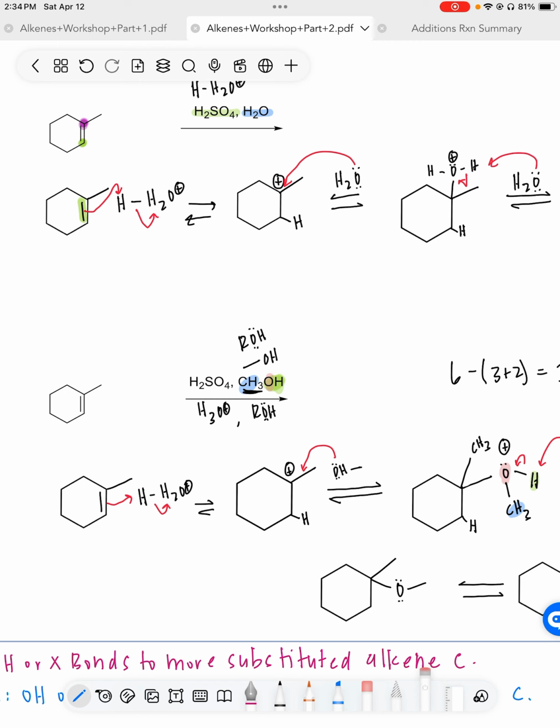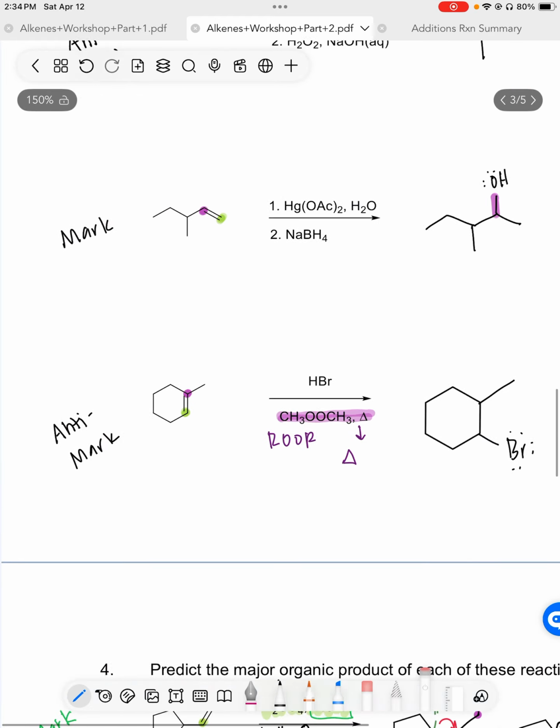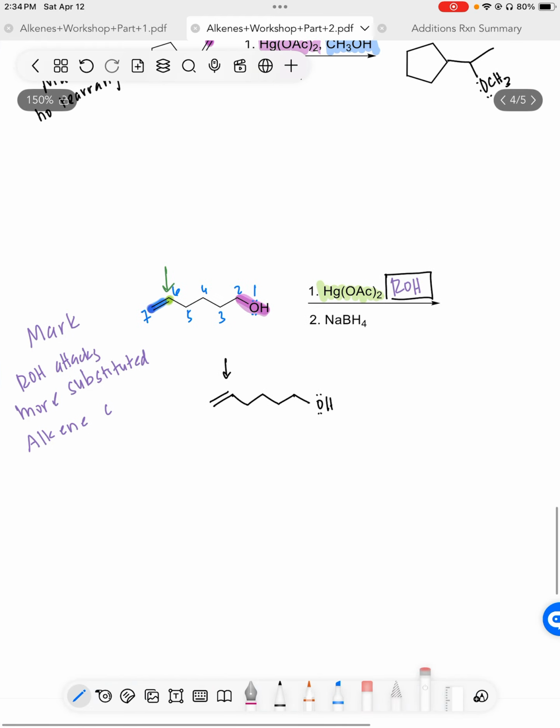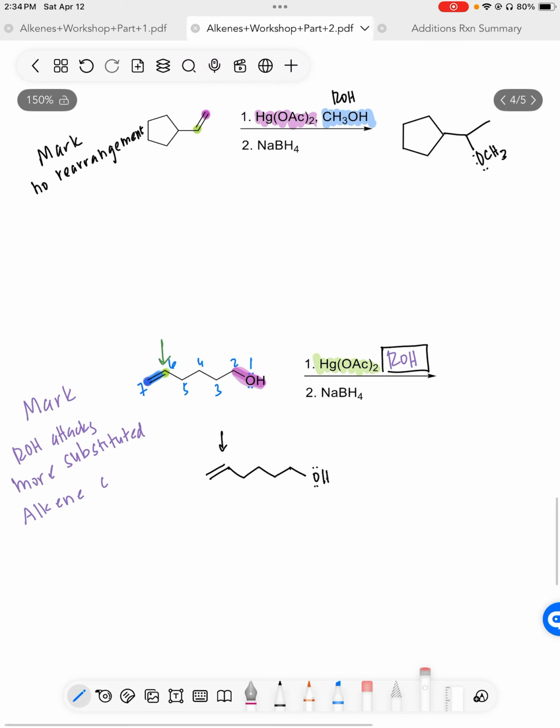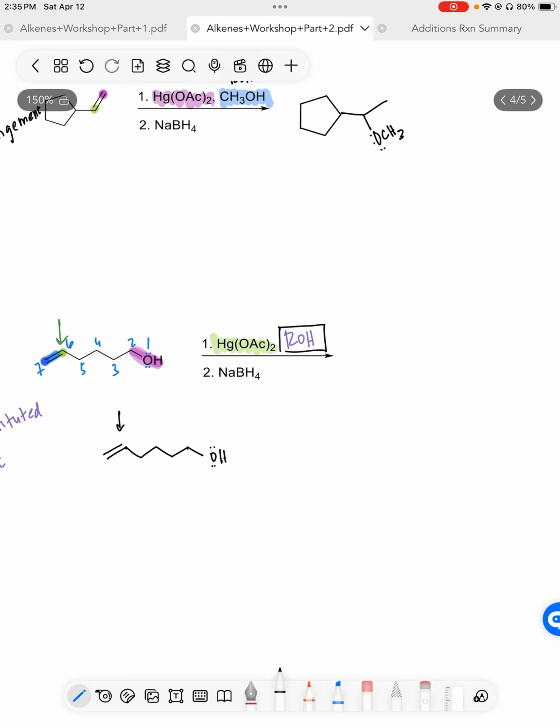It's going to be the mercury that attacks the alkene carbons, and then the alcohol comes in as a nucleophilic attack. So it's this essentially that's going to attack these to open up the double bond. And then the alcohol is going to attack. So let's draw it as if the HgOAc has already attacked. Let's draw what that would look like.